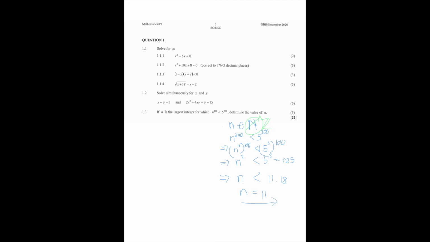And so in terms of how you'll get your marks for this question, you get your first mark for factorizing the exponents, right? Then you get your second mark for the next step, and then you get your third mark for 11, because n is an integer.